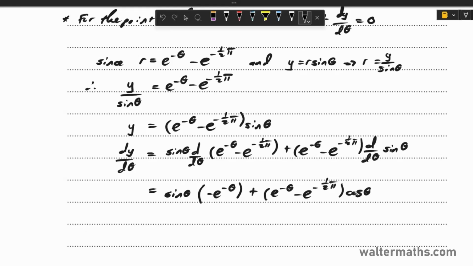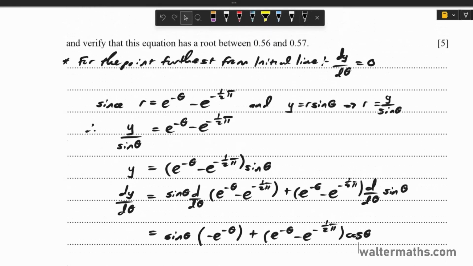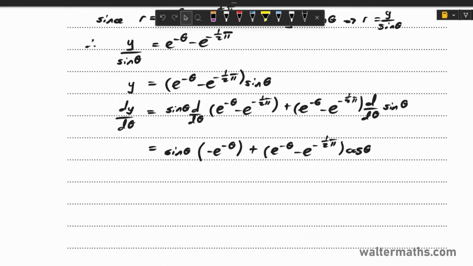Now we are saying that since we are talking about a point furthest from the initial line, dy by d theta should be equal to 0. All right, so we are saying that this is 0 and this whole thing is equal to 0. So what I'm going to do here is I'm going to divide both terms by cos theta.